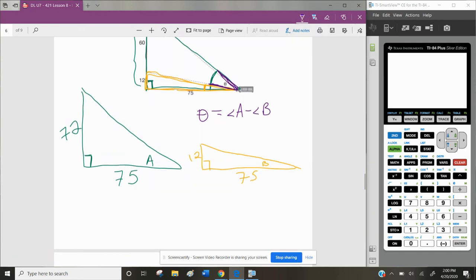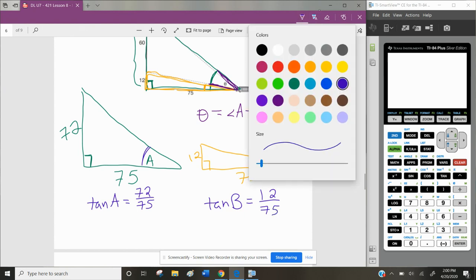So let's figure out which arc relationship we need, arc cosine, or arc tangent. So here's my reference angle A. I have the opposite and the adjacent, so the tangent of angle A will equal 72 over 75. And if I look at the smaller orange triangle, I also have the opposite and adjacent, so tangent of B will be 12 over 75.